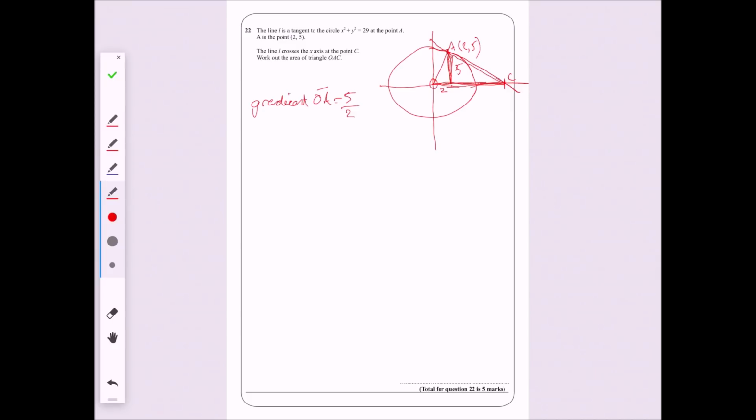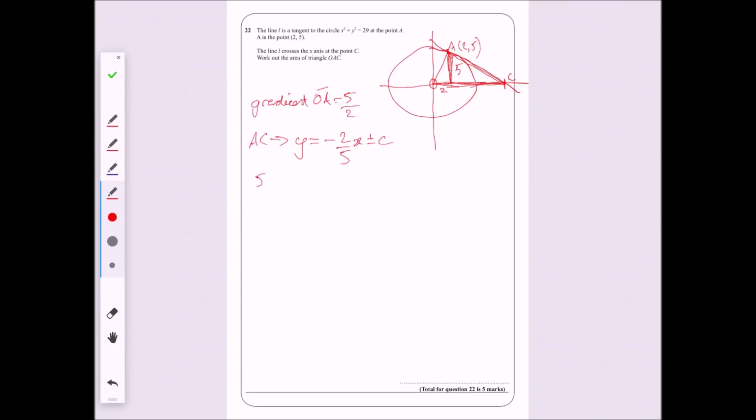AC, which is this line here, is perpendicular, so that's going to have a gradient of the negative reciprocal, so that'd be minus 2 over 5, so y equals minus 2/5 x plus c. So once we've got the gradient of AC, we can now substitute our numbers 2 and 5 in.